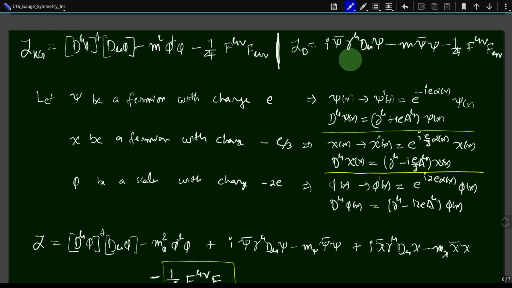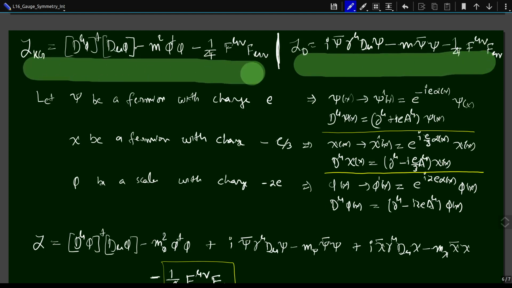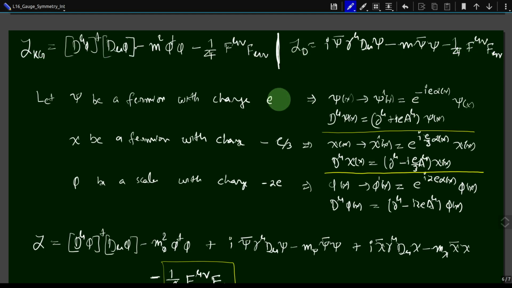So this is the pure QED part here. This right hand side is QED, and the left hand side is what's called scalar QED. So this is what we have now.